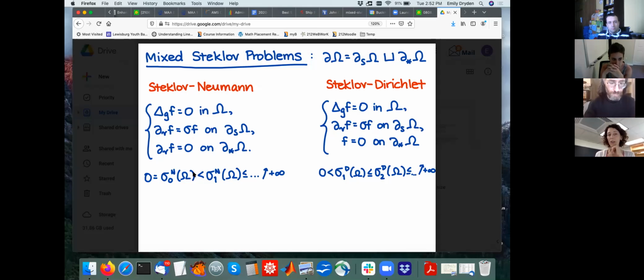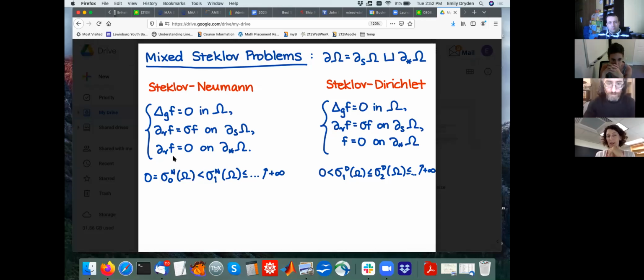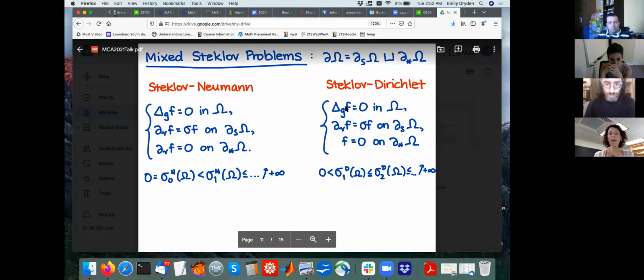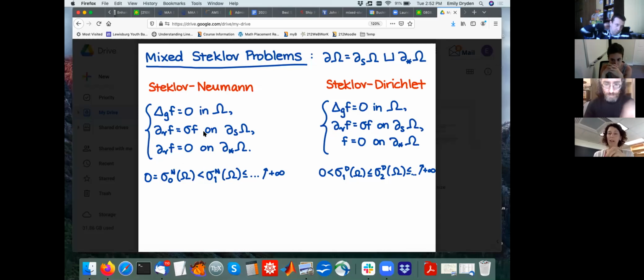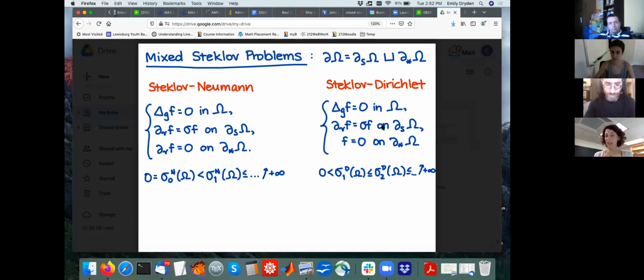So this is a special case of the case I've been discussing. It's a special case where we just take rho to be 1 on the Steklov portion and rho to be 0 on the rest. So Steklov-Neumann is a special case of this general weighted Steklov problem. A related problem, though not a special case, is Steklov-Dirichlet.